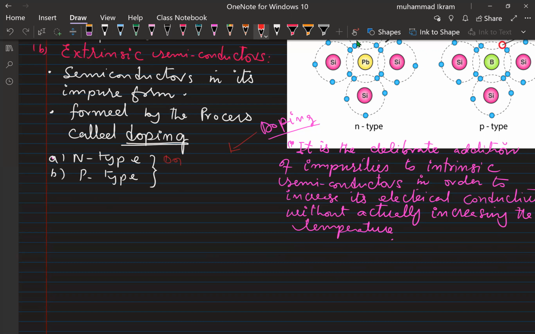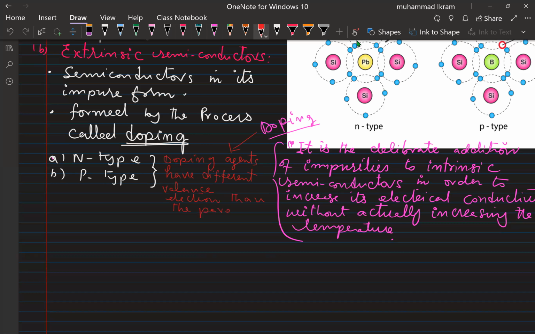The doping agents have different valence electrons than the parent material.